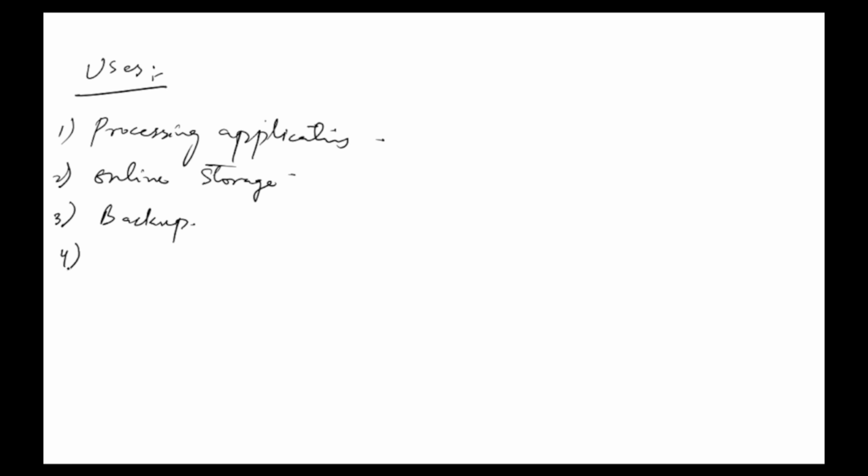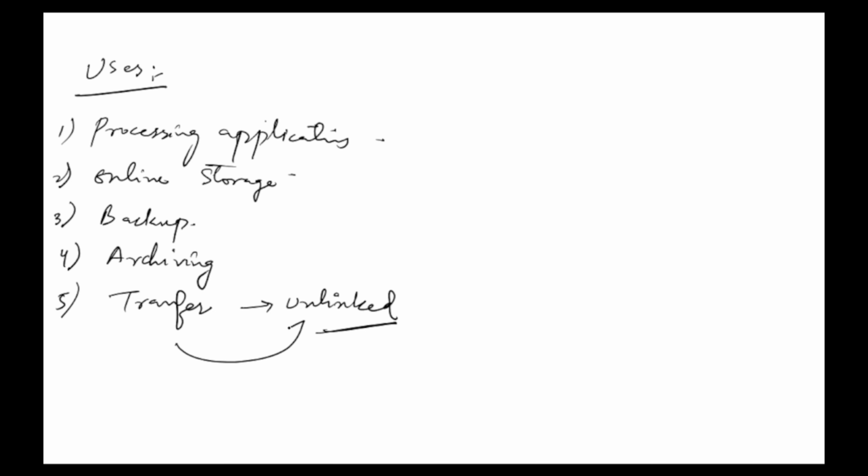Fourth, they can be used for archiving data, which is only occasionally used. And fifth, we can transfer data from one computer to another computer. If they are not linked to each other with the internet or with some cable, we can transfer data using these disks. Those were a few uses of these disks.